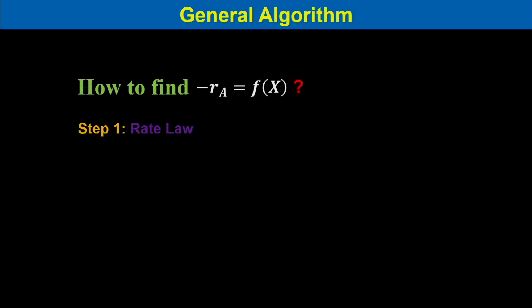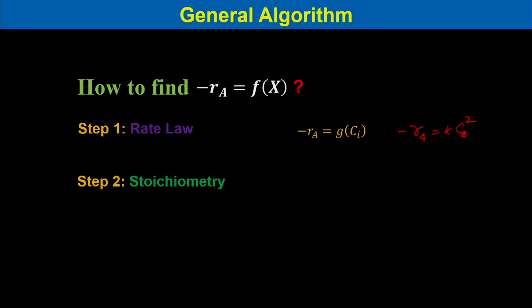In the first step we should know the rate law, like minus r_A is a function of concentration. As we have said earlier, if it is a second order reaction, minus r_A would be k C_A squared. So, it is a concentration dependent term. So, this is the rate law.